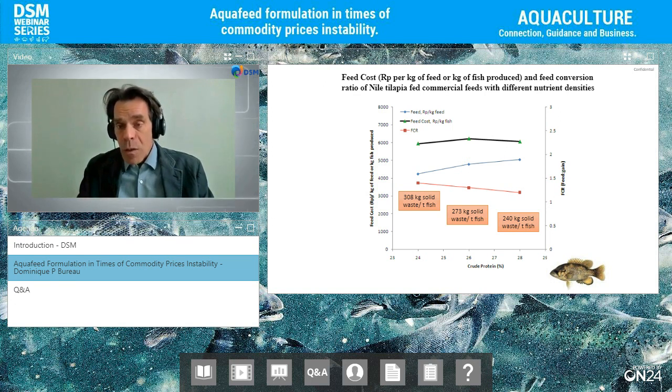And a lower quality feed will result in more solid organic waste, which will limit your production. In the case of shrimp, it may actually be stimulating the growth of pathogenic bacteria, increasing the incidence of disease and mortality in the population.